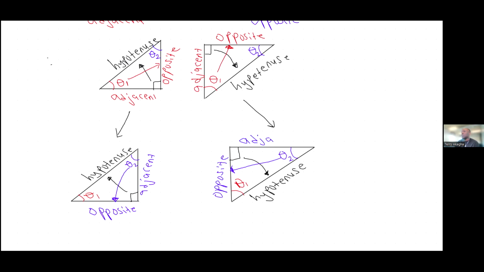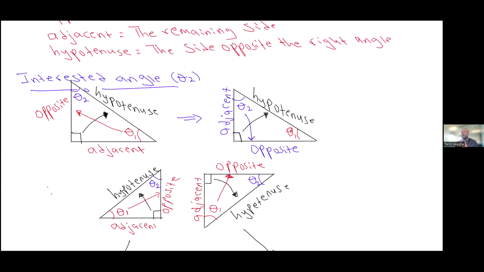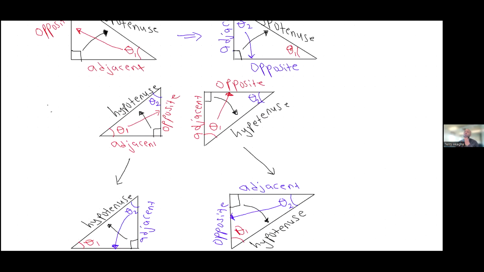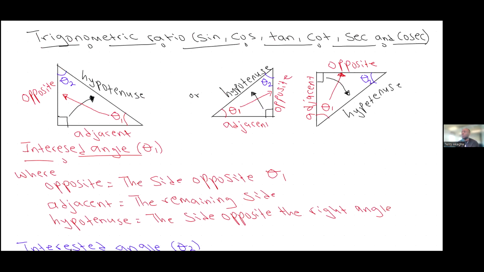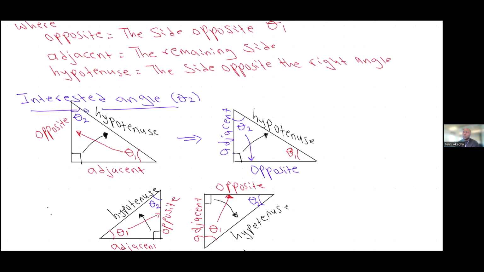So you can see that it's very important that when the angle of interest is theta 2, the opposite and adjacent are not the same thing. So it's very important for you to determine which angle you're interested in. So when the angle you're interested in is theta 1, the opposite and adjacent are not going to be the same.